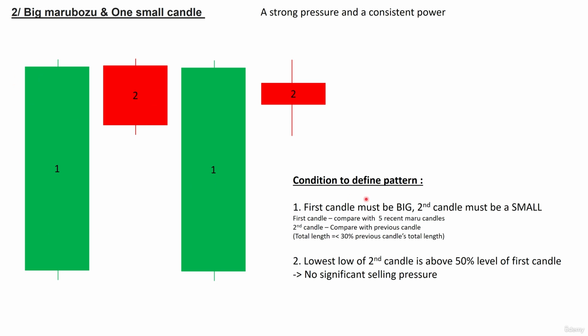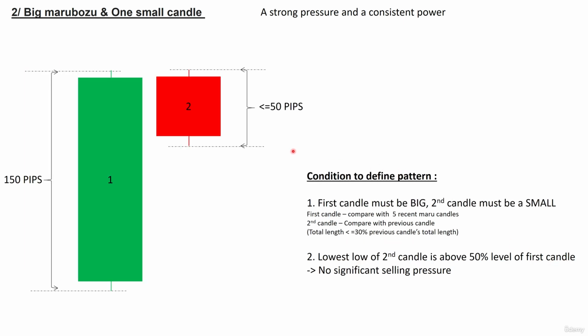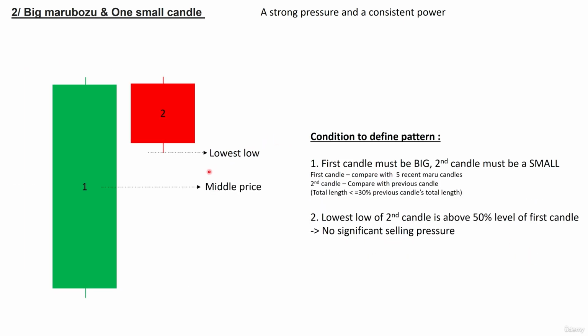So for the second standard right over here, the lowest low of the second candle is above 50% of the first candle. I drew on the chart like this to help you define it more easily. You can see right over here, we have the middle price of the first candle right here, and the middle price is calculated from the highest to the lowest.